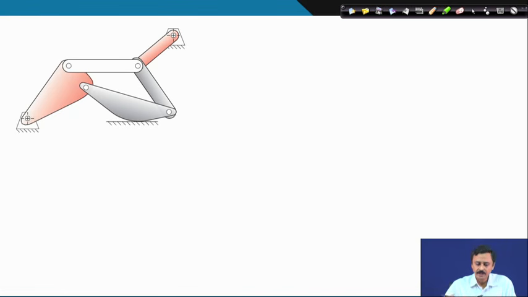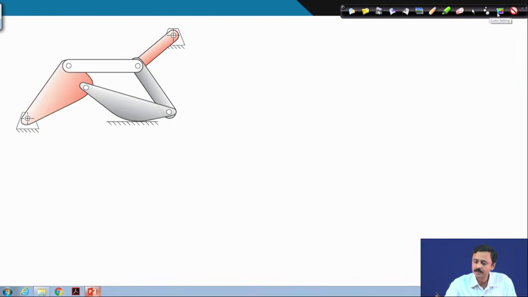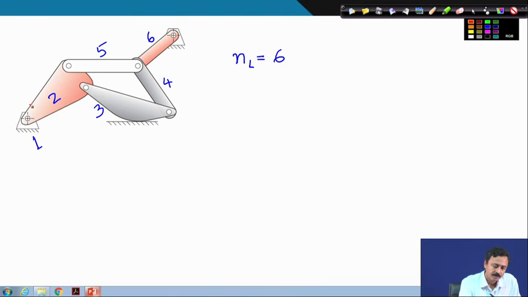Now, this is another kinematic chain. Let us number the links. Ground is 1, 2, 3, 4, 5, 6. In this chain, therefore, there are 6 links, NL equal to 6. Number of kinematic pairs: here there is 1 revolute, 2, 3. This is the contact between link 3 and the ground.